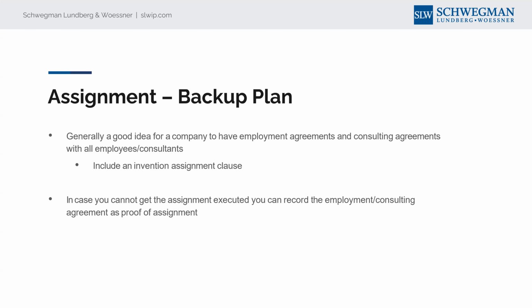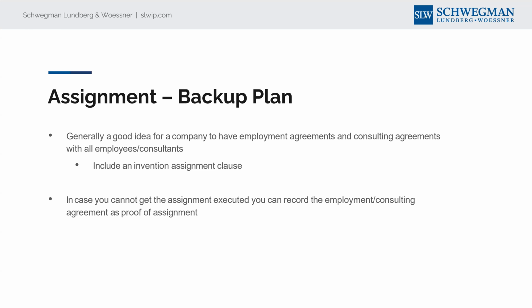It's come in handy in my practice a bunch of times too, where an inventor's left a company before signing an assignment and doesn't feel particularly warm to the ex-company. We have relied on an employment agreement that has an obligation to assign to tidy up the chain of title.